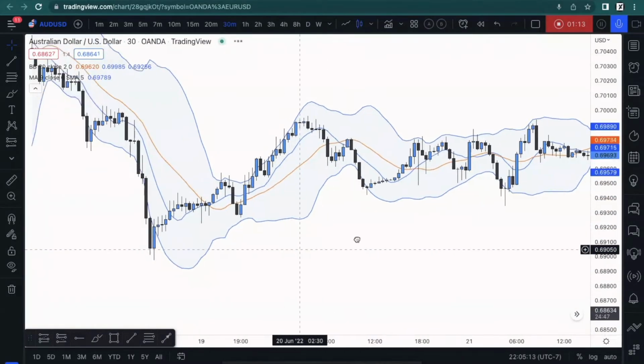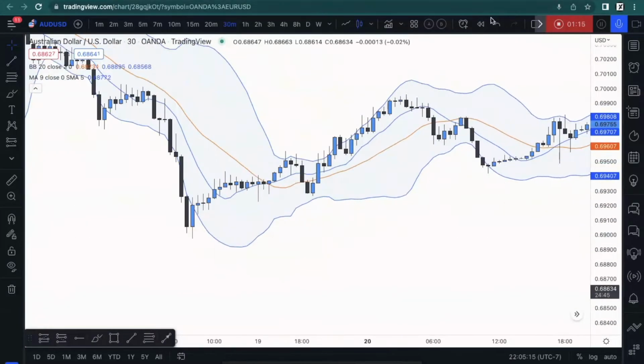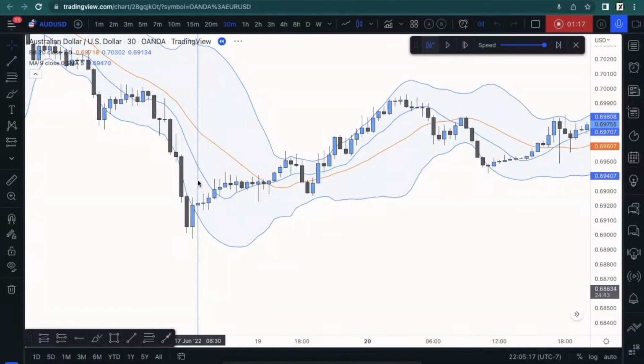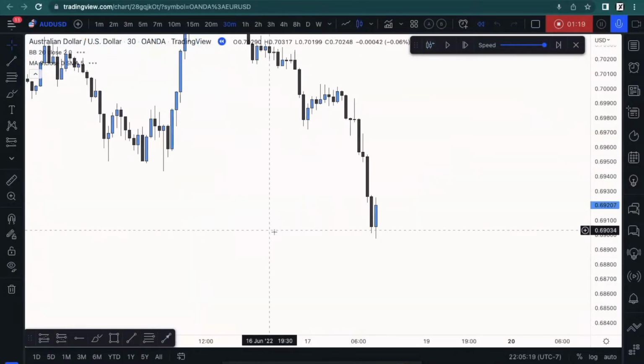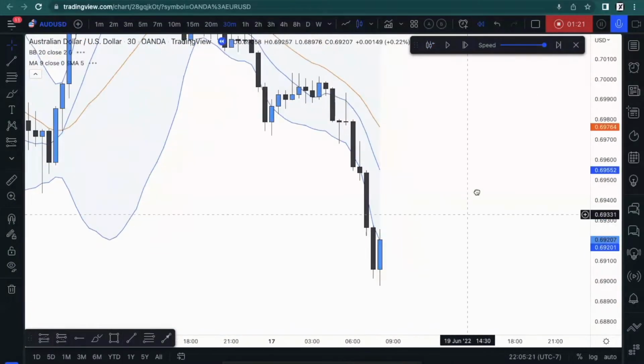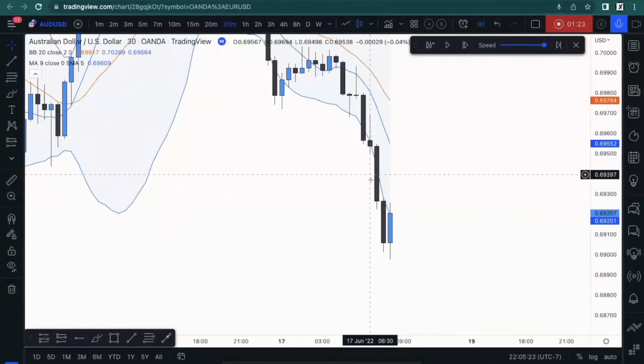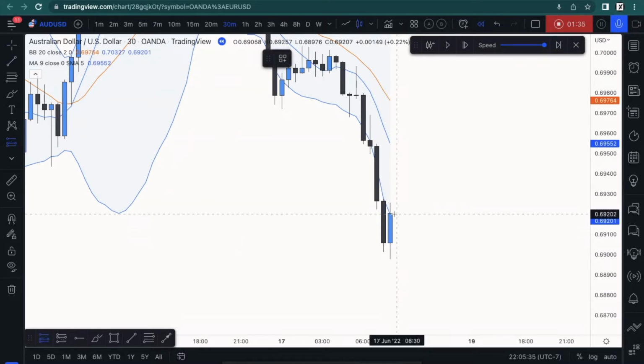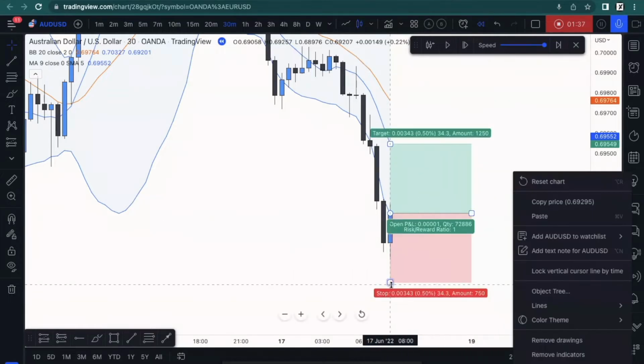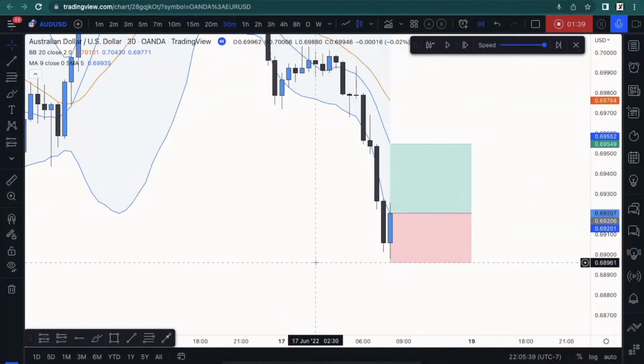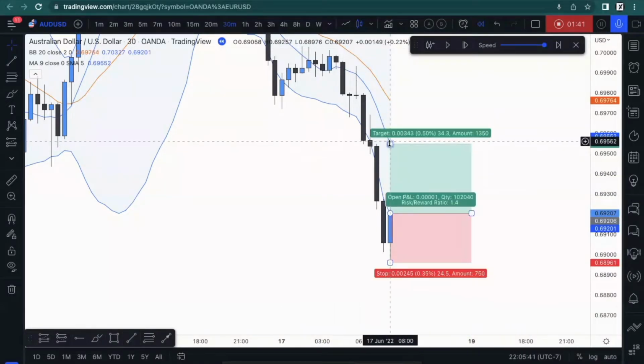Okay, let us go back in time. The way the strategy works is whenever we see price trading outside the Bollinger Band, in this case it traded outside the lower band, and as soon as we see price closing above or inside the Bollinger Band, we take our position, put our stop loss below the swing low and target the moving average.